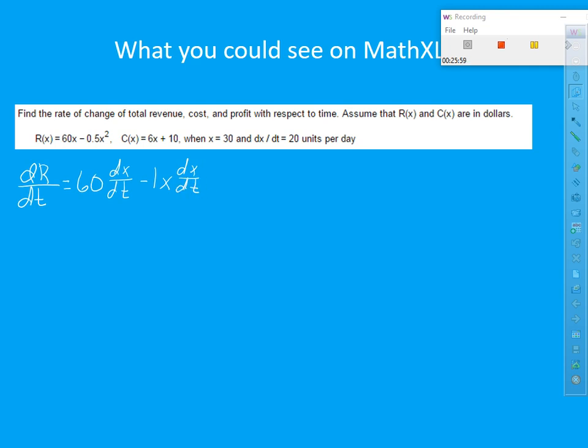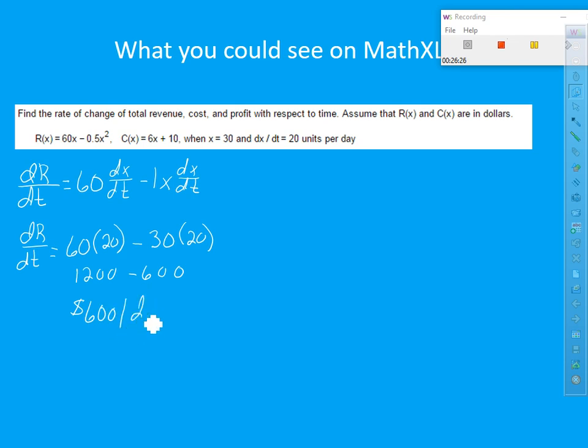Now we're ready to plug in our numbers. How's the revenue changing? So dR/dt is going to be 60 times dx/dt, which is 20, minus x, which they told me is 30, times dx/dt, which is 20. So it looks like I've got 1,200 minus 600. So it looks like my revenue is changing by $600 a day.